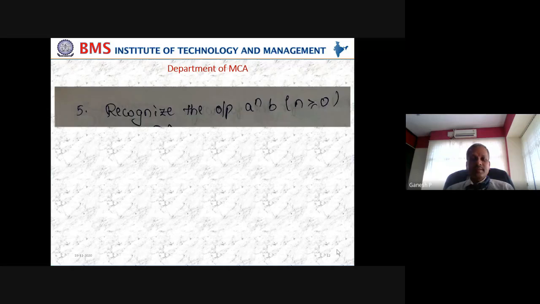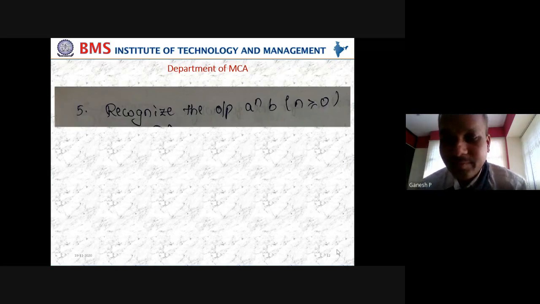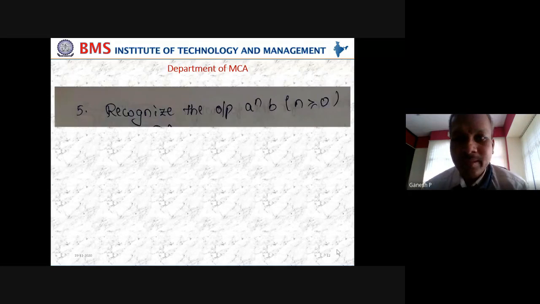Recognize the output a power n b. A power n b means like algebra, a can come any number of times including 0. So a might be there, a might not be there.